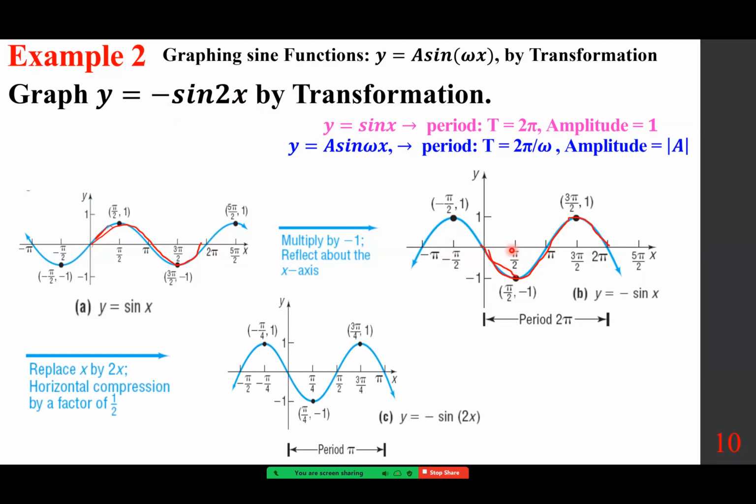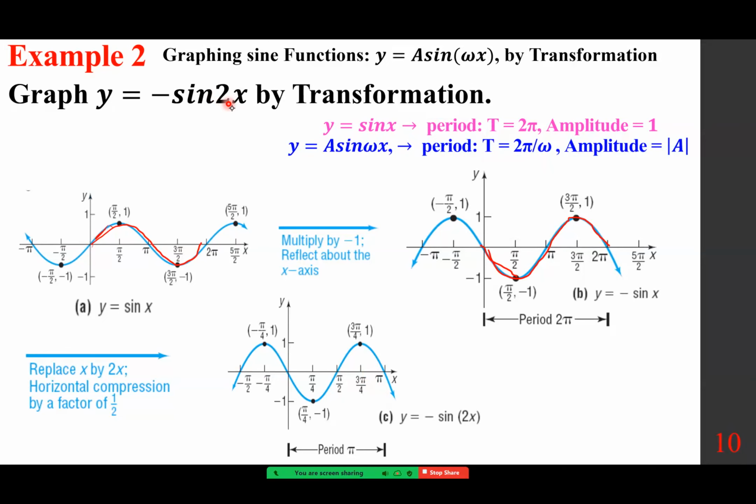This shrinks to pi over 2. And this is 2 pi, this shrinks to pi. In essence, the period originally is 2 pi. Over here, the period has changed to simply pi. So to remind you, the period is 2 pi over 2.